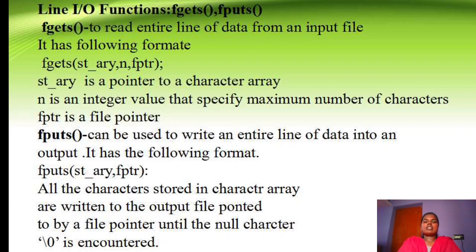It has the following syntax: fputs(str_arr, fptr). Here all the characters stored in the character array are written to the output file pointed to by the file pointer until the null character is encountered.